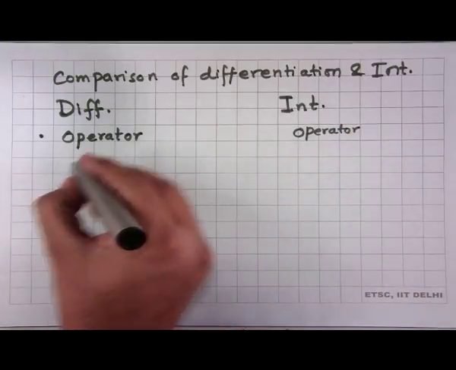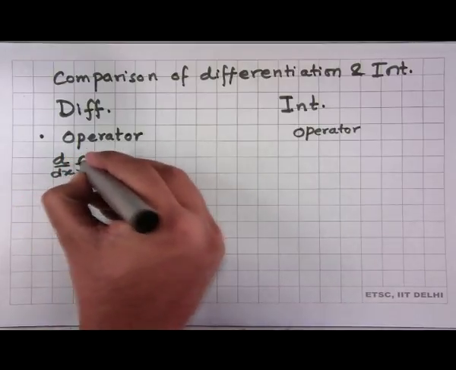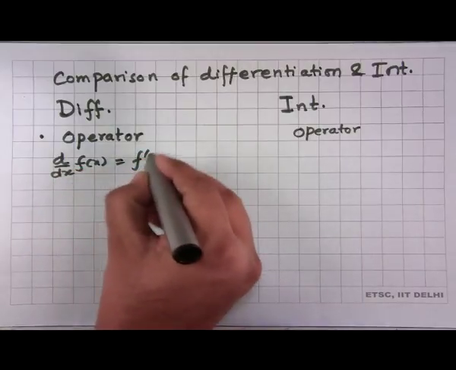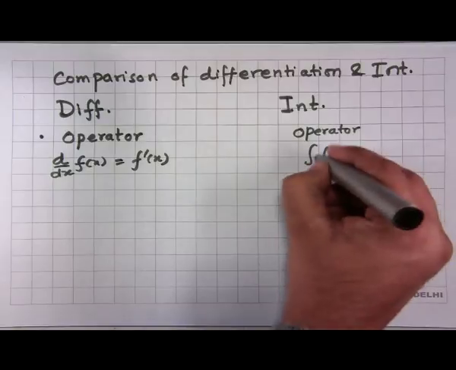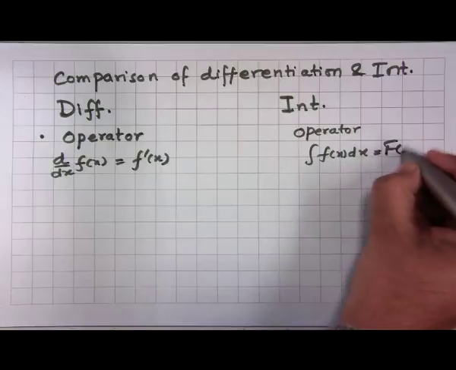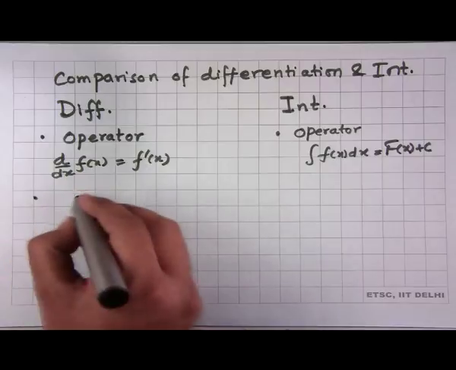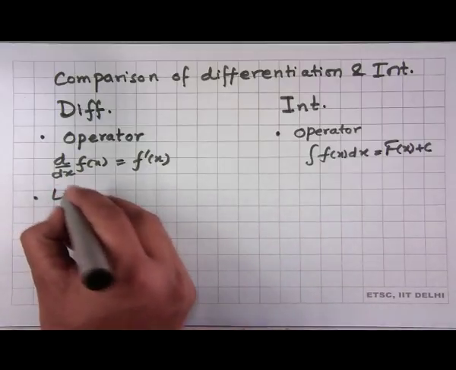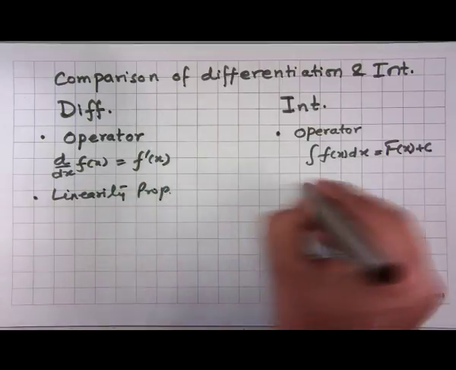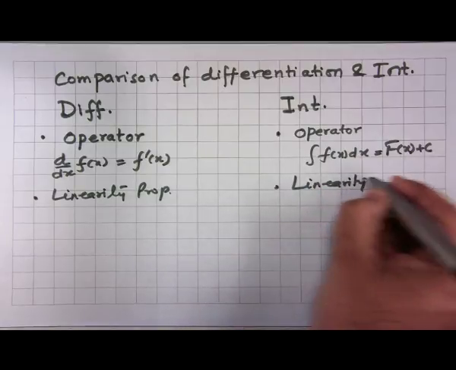Operators take functions as input. What I mean to say is that, for example, d by dx of f x is operated on the function f x, and then only it gives you f prime x, and similarly the integral of f x dx is operated on the function f x to give you a function. So, they are operators. Both of them satisfy the linearity property. Integral also satisfies the linearity property. This we have seen.